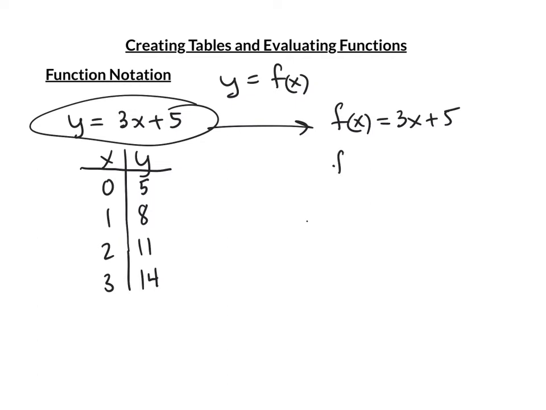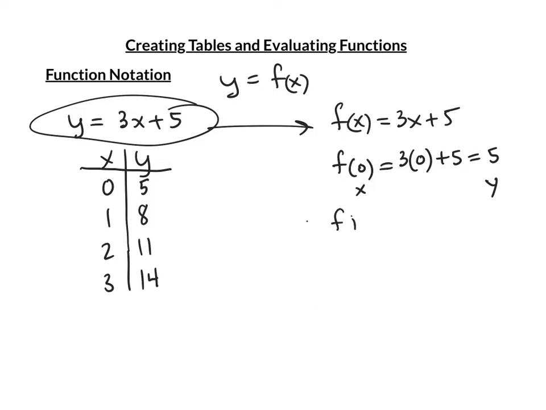Observe, if I ask you to take f of 0, that is x, and that means replace x with 0. It's 3 times 0 plus 5, which is 5. Notice how x is 0 and the y we get out is 5.